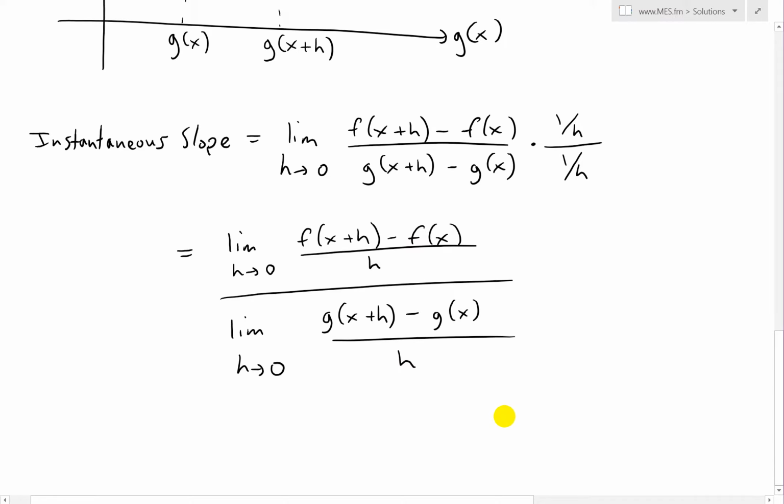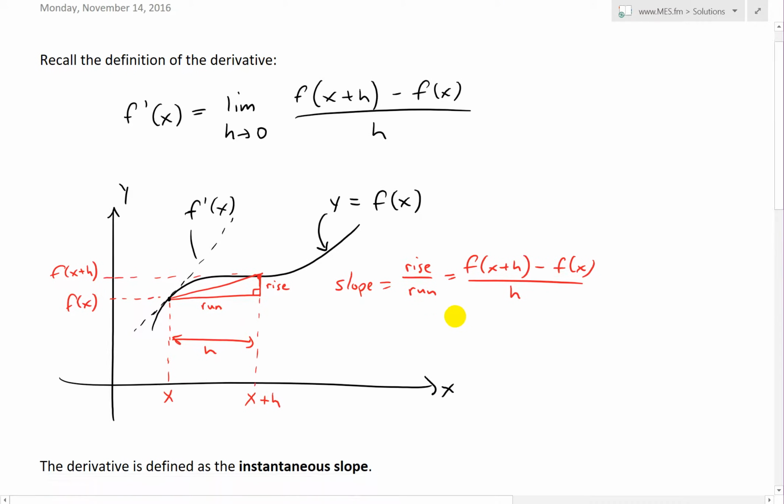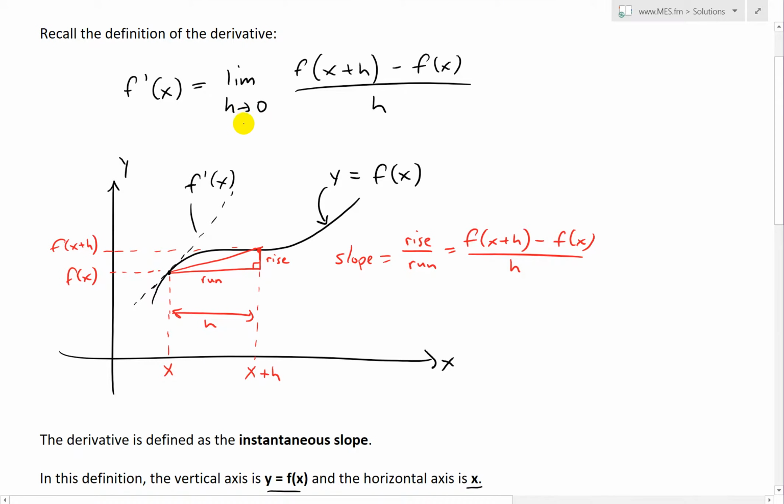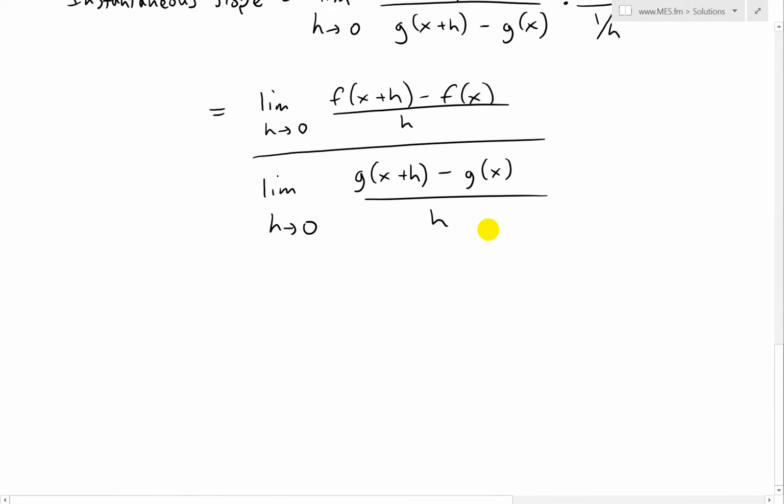So now the top and bottom are both the definition of the derivative as shown here. These are the exact same thing. So this limit as h approaches 0 of f of x plus h minus f of x divided by h, that's just the f prime of x, or the derivative. And now the same thing with the bottom, except we're dealing with g prime of x.